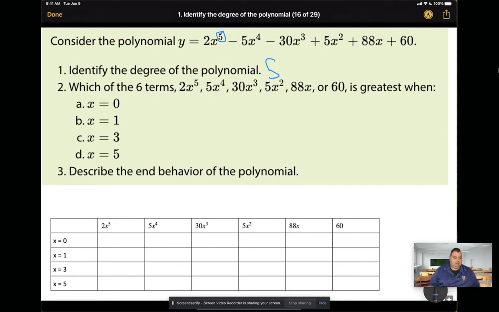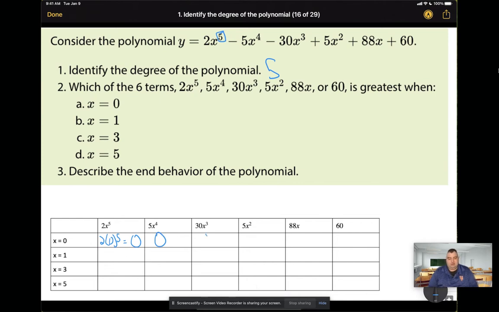All right, so at x equals 0, 2x to the fifth, that's going to be 2 times 0 to the fifth. So 2 times 0, that's going to be 0. Okay? 5 times x to the fourth, so 5 times 0 to the fourth, that's also going to be 0.